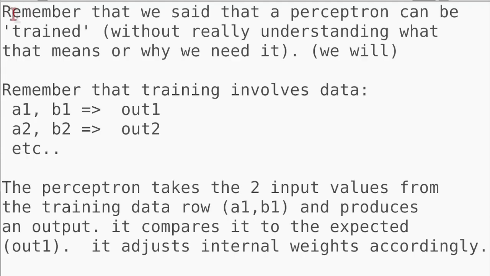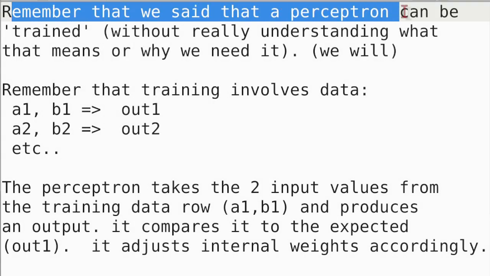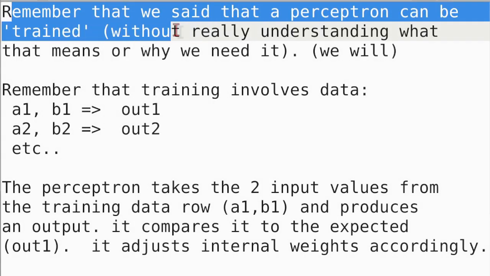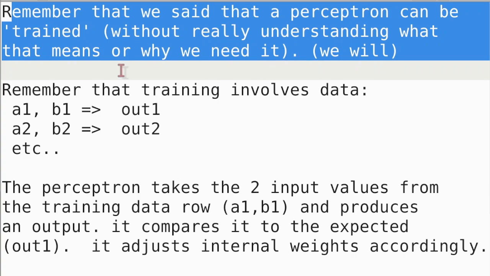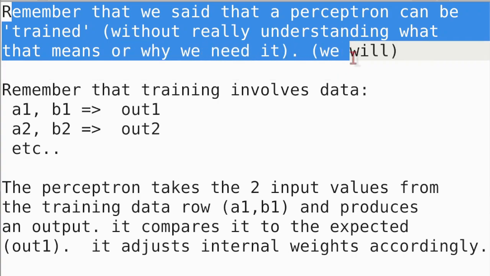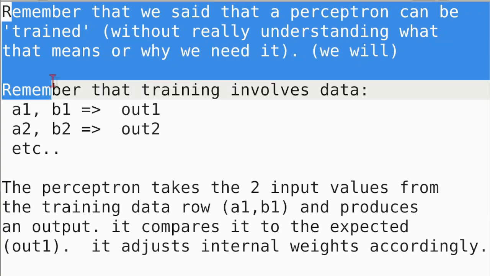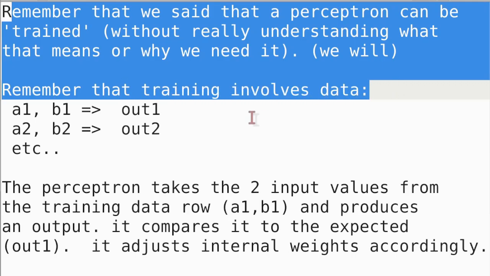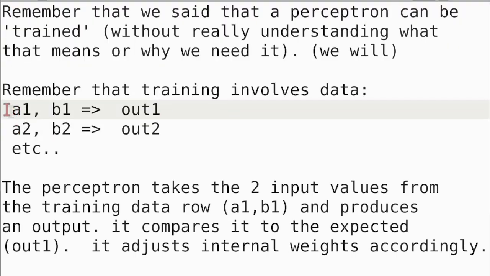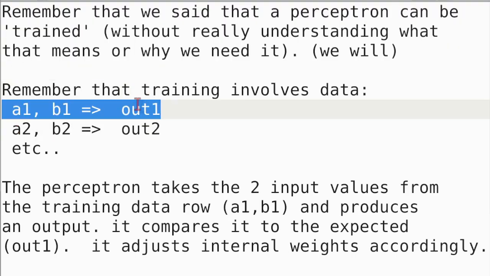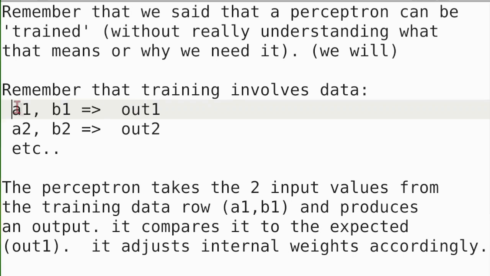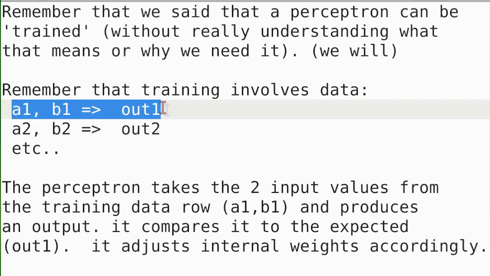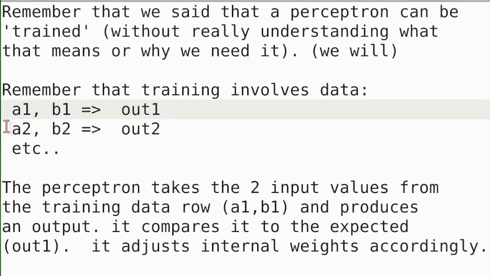Now remember that we said that a perceptron can be trained without us really understanding what that means or why we need it. We will. Patience. Remember that training involves data. So here's one row of training data. That means given input A and input B, you should output this value. A different row of training data.